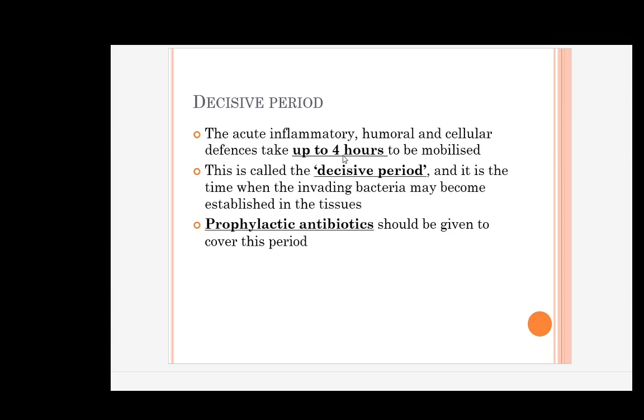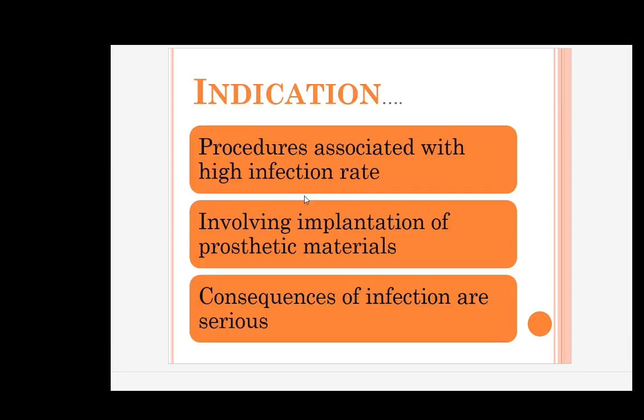So within this 4-hour period, if you are able to institute antibiotics, that would be very, very helpful. And this is where the role of prophylactic antibiotic comes. I'll also talk to you about the timing of prophylactic antibiotic, how it is to be given. We'll come to that.